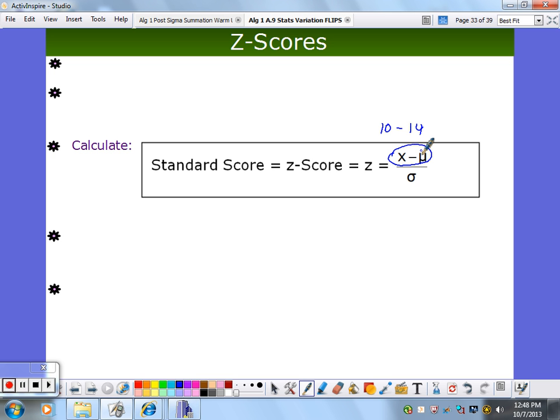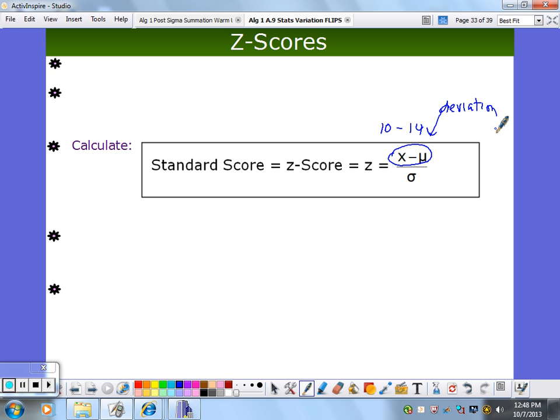I'm just looking at the numerator. It's the deviation. That's when you take a number and subtract the mean. But I don't want to know how many years away. I want to know how many standard deviations, so I divide by the standard deviation.